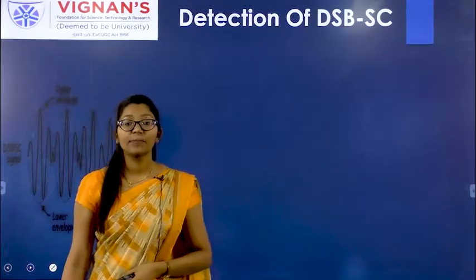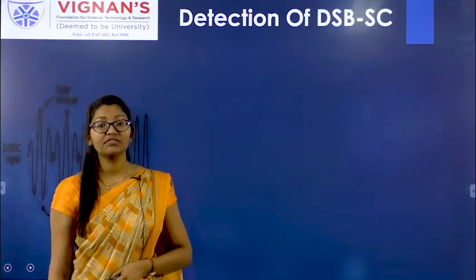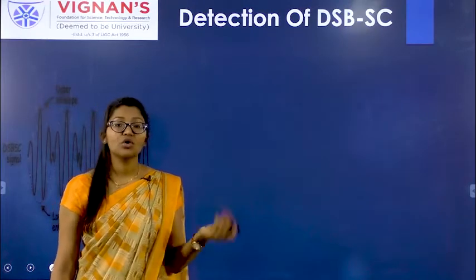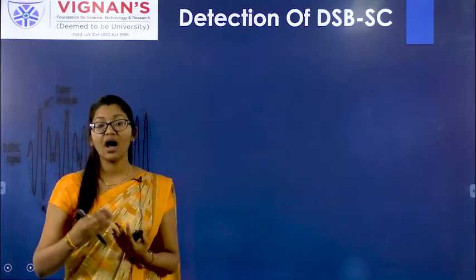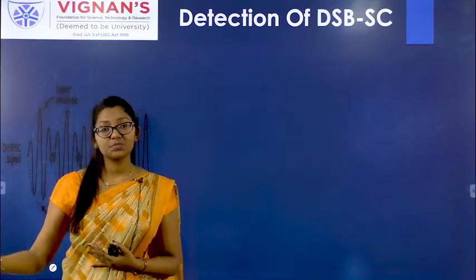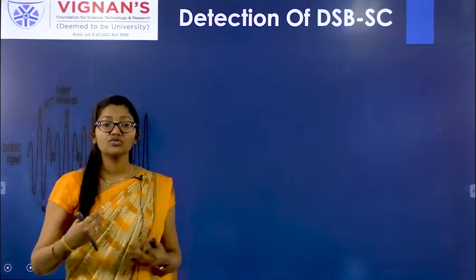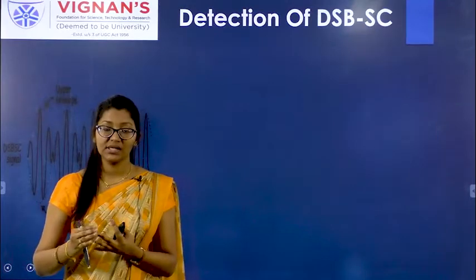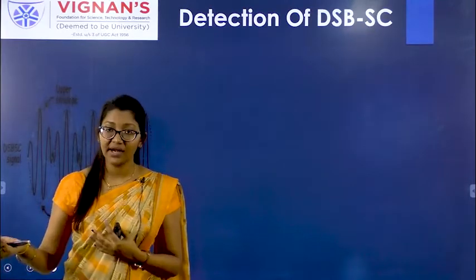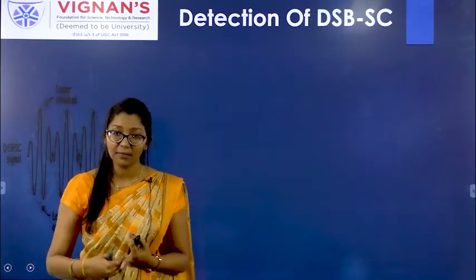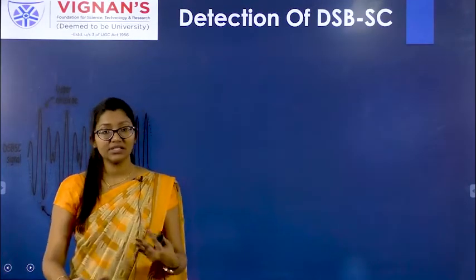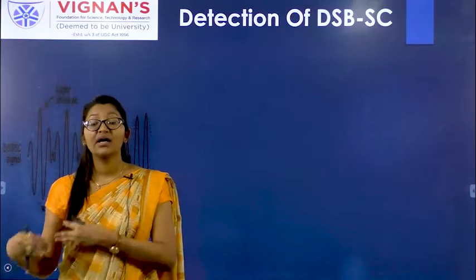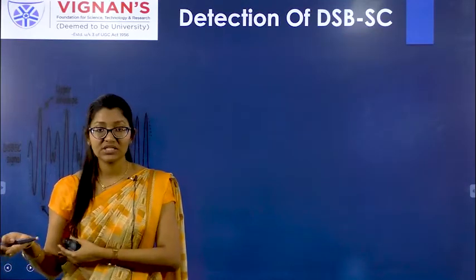Right? And the next topic was detection of DSB-SC. So up to now we have seen generation of DSB-SC, means how we are generating a DSB-SC signal, right? So we have generated a DSB-SC signal. In the same way, at the receiver side you have to detect your message signal back, right? At the transmitter side you have generated the signal, and at the receiver side again you have to detect your original signal back.